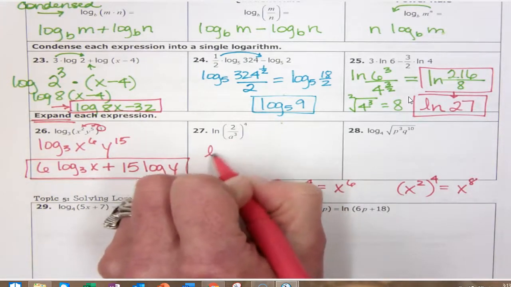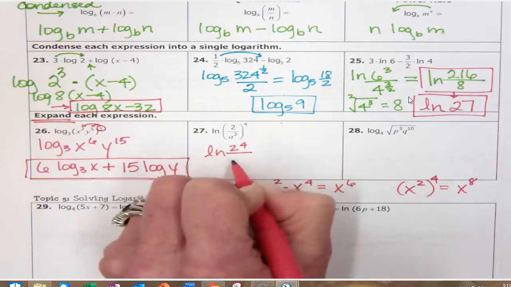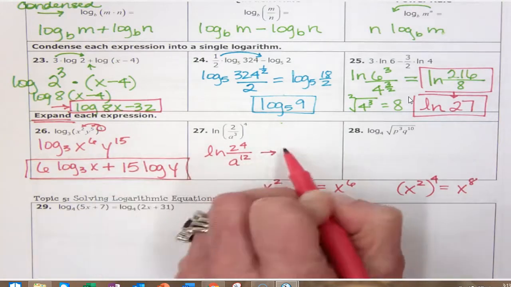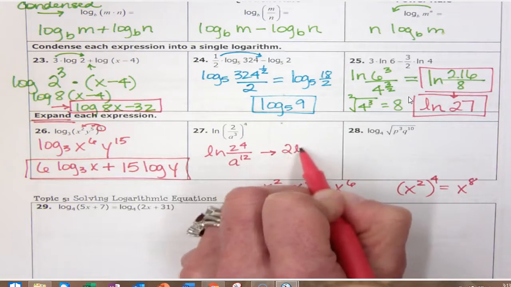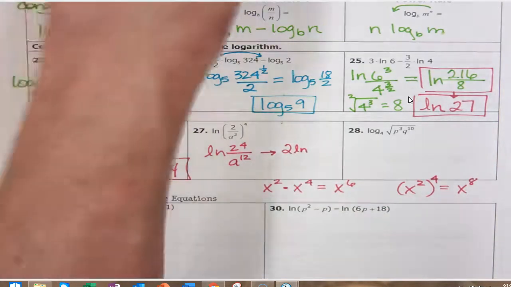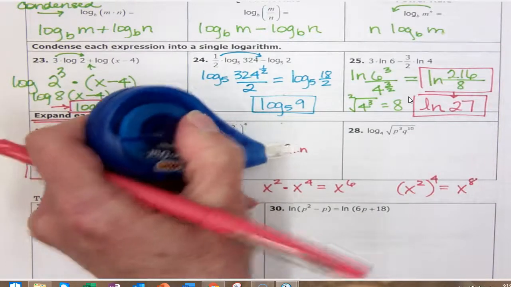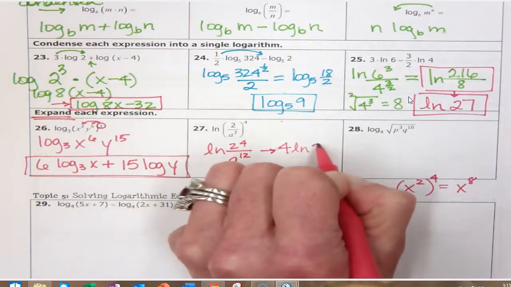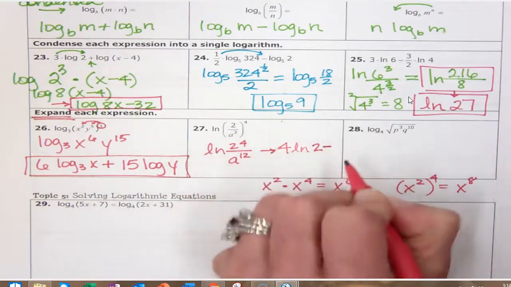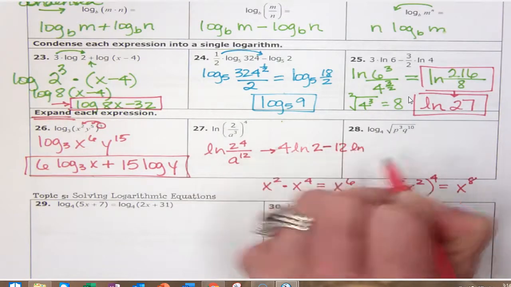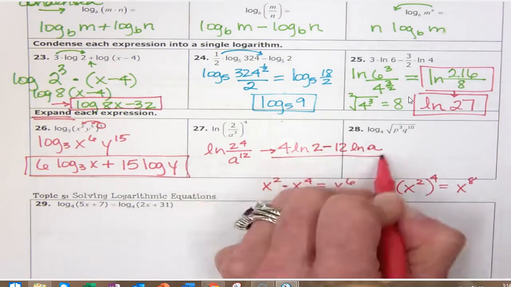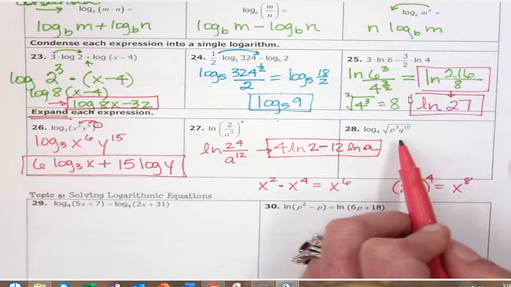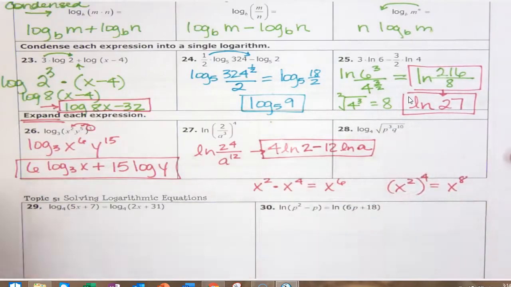Same here. I'm going to have ln of 2 to the 4th over a to the 12th. So when I expand that, it's going to be 4 ln of 2 minus 12 ln of a. And there you go. And for this last one, keep in mind that the square root is 1/2.